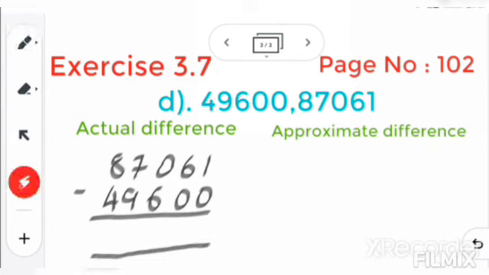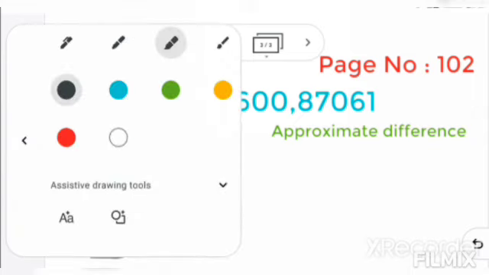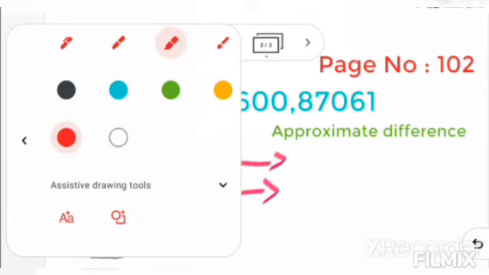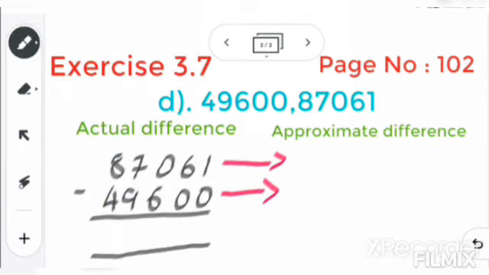Now let's round off this number to the nearest 1000. Okay, so first what you have to do to round off to the nearest 1000. First 87,000 you will round off, then 49,600 you will round off. So when you round off, you observe the number in thousands place.